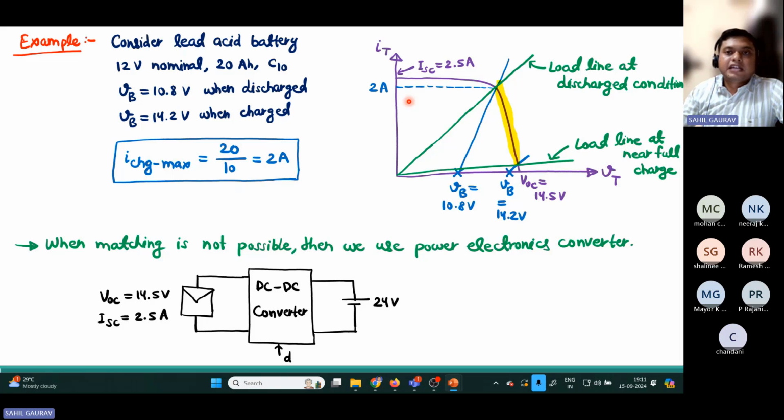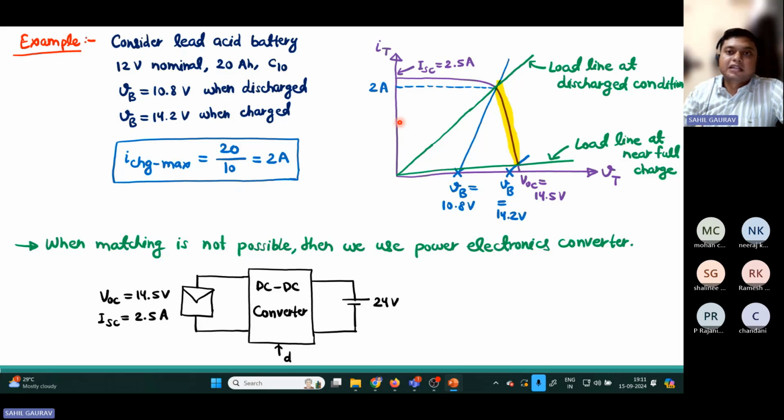From this example, we can see that we can directly interface the PV panel with the battery. Some conditions should be met: the ampere hour rating should match the charging current of the battery, and the battery voltage should match the open circuit voltage of the PV panel. If these conditions are met, you can directly interface the battery with the PV panel.